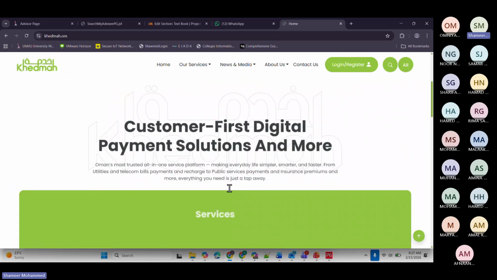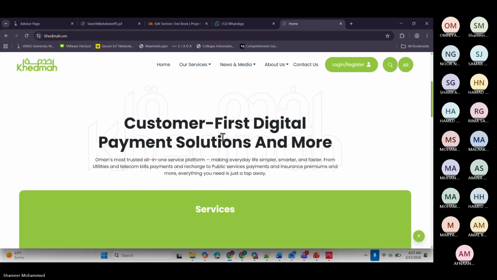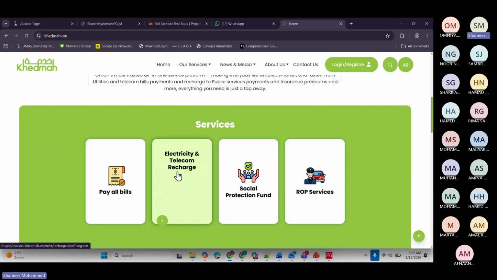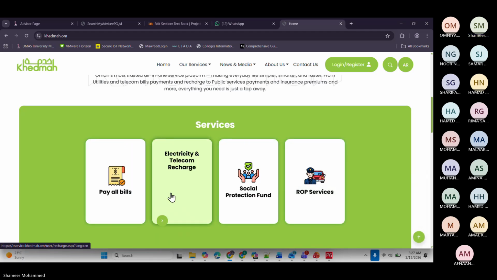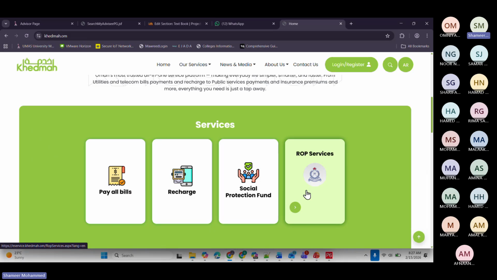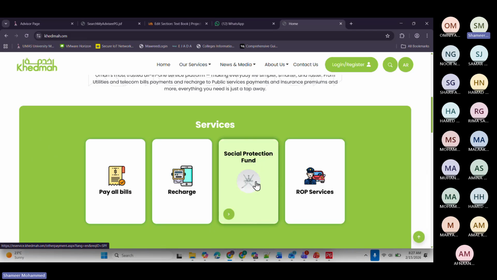They are providing service. See, service. So through this, you can pay the bills. You can recharge your electricity. Okay. You can pay your traffic fine. You can transfer the money to this fund, social protection. Right.